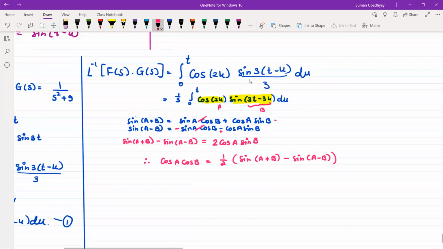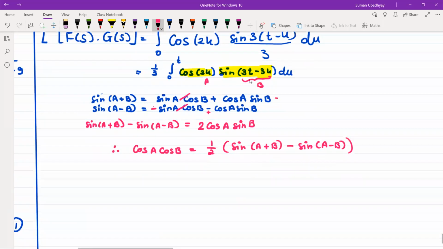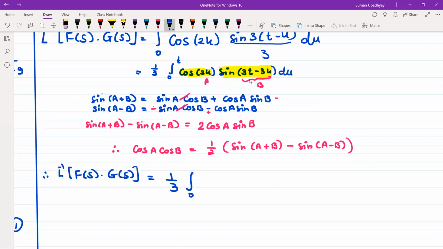All right, let us do that. So you know what your A and B are. Therefore, Laplace inverse of f of s into g of s. Apply that formula, kids. So 1 upon 3 is a constant that will be out. Integration from 0 to t. Now this thing will get replaced by 1 by 2 into sine A plus B. What is A and B according to the given question?